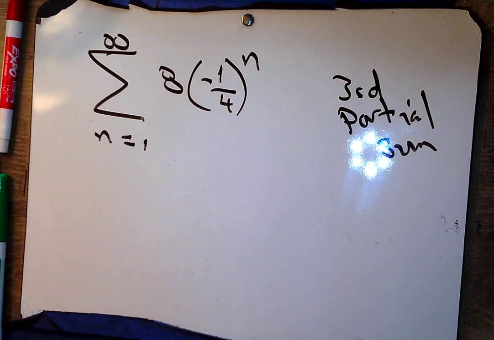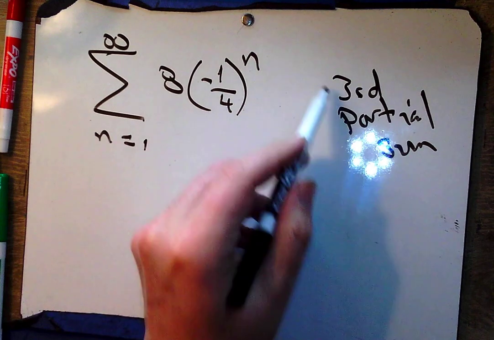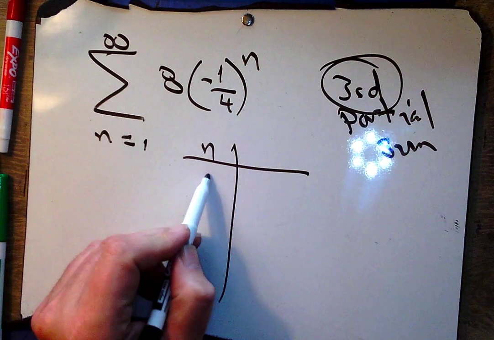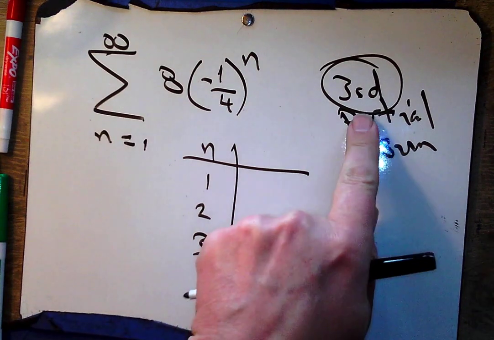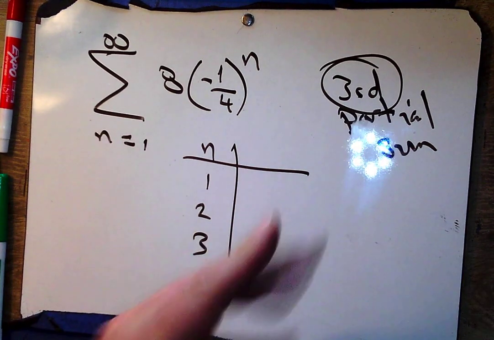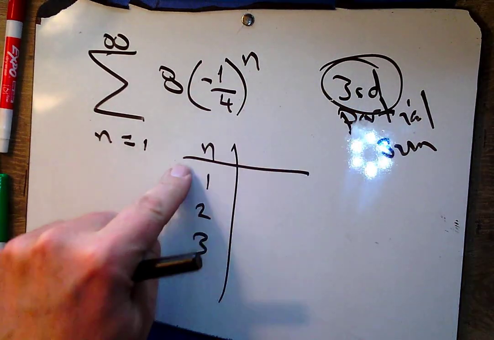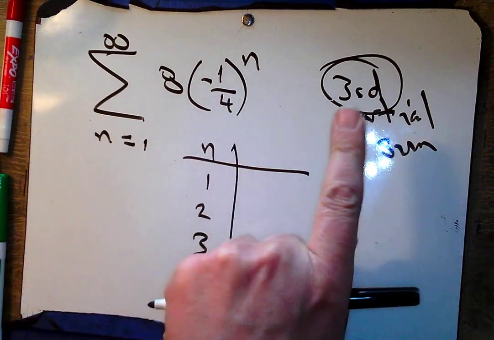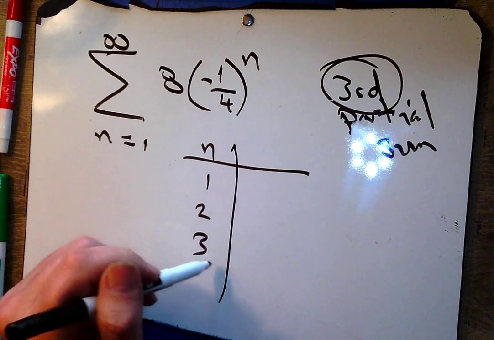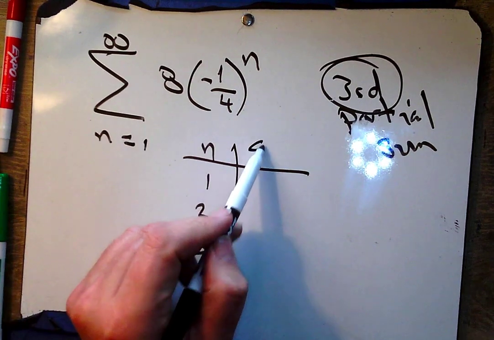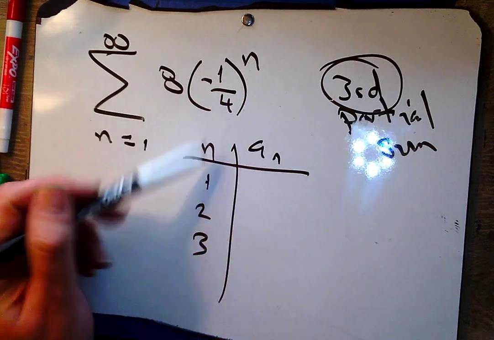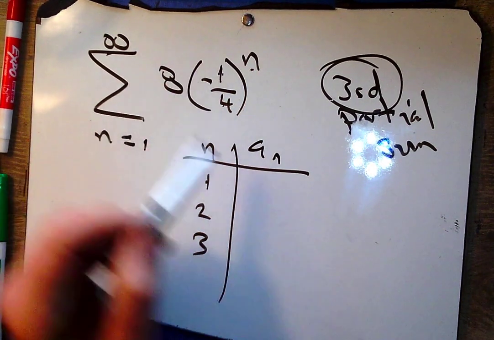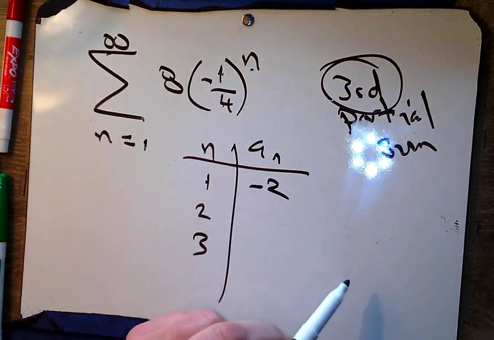Hey, welcome back everyone. So, third partial sum, well, that means I'm going to be plugging in for n, 1, 2, and 3, because we're stopping at the third partial sum. If this was the seventh partial sum, 1, 2, 3, 4, 5, 6, 7, starting at 1, ending at 7. But we only have the third partial sum. So, a sub n, if I plug a 1 in here, well, that's negative 1/4 to the 1, or negative 1/4 times 8 is negative 2.